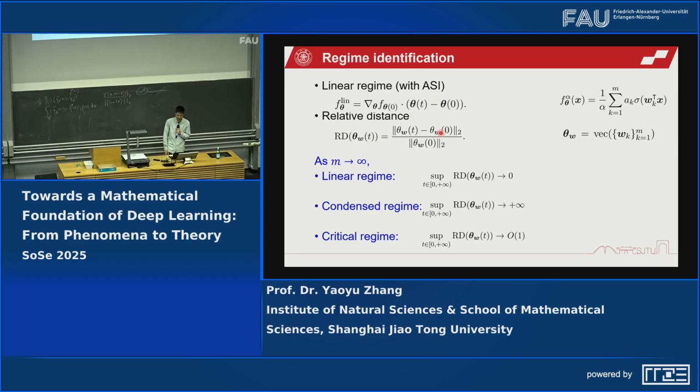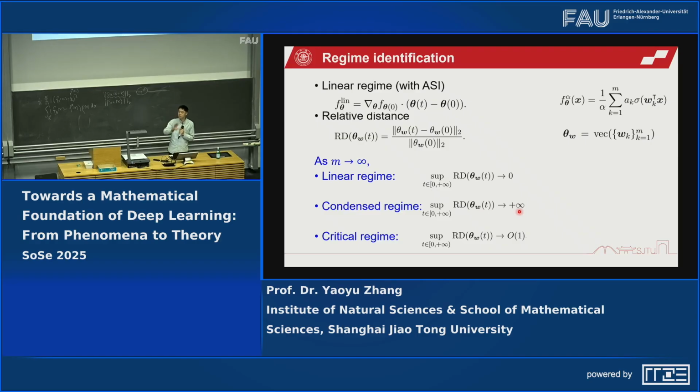Actually, that's not right. Okay, and then now what we should prove is that, in a certain linear regime, if we take the sup from 0 to infinity and the relative distance goes to 0 at the infinite width limit, then definitely we can linearize the system. Right? And in the condensed regime, we do not quantify the condensation, but we can prove that the relative distance will go to infinity.